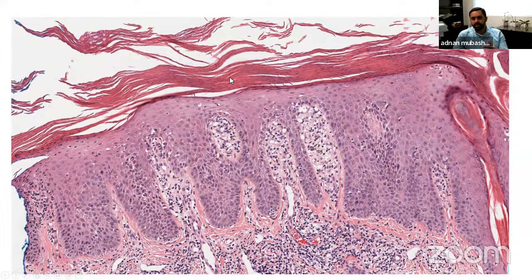Basically, dead keratinocytes retaining their nuclei that don't have enough time to shut the nuclei off and turn into normal stratum corneum. So you will see loss of granular layer, suprapapillary thinning, extension of rete ridges, and you will always see some neutrophils in the stratum corneum. There's some here, there's some here.